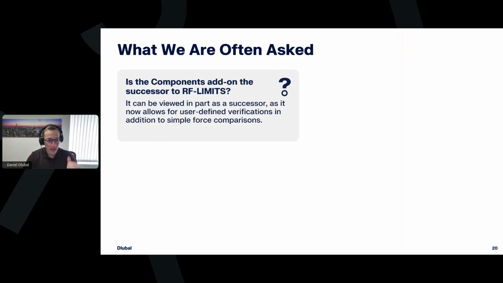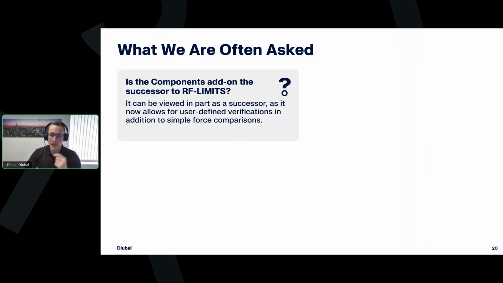Some other questions. Is the components add-on the successor of RF-LIMITS? For those who have been longer in the Dlubal community and also used RFEM 5 or STEEL 8, you probably know that we had something similar, and this add-on module was called RF-LIMITS.